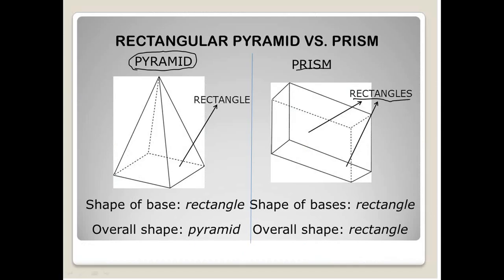Now the prism has rectangle faces, and the pyramid has a rectangle only as its base. Can you see that? Here it is. Only the base is a rectangle. But here they are all rectangles.